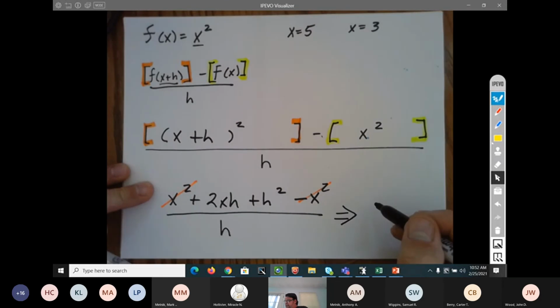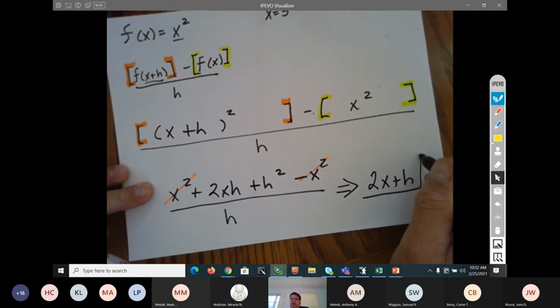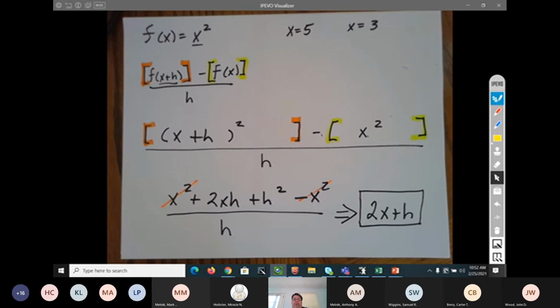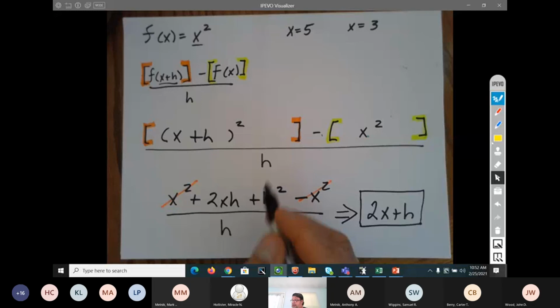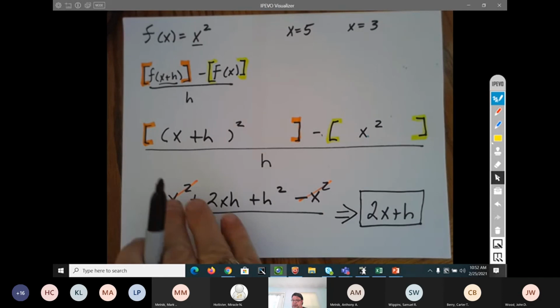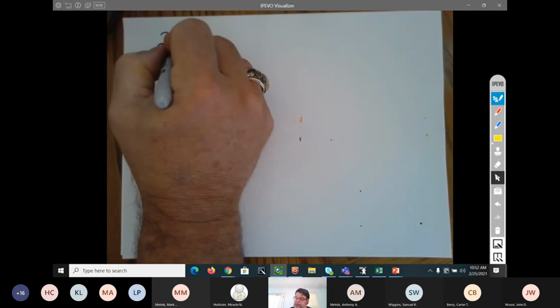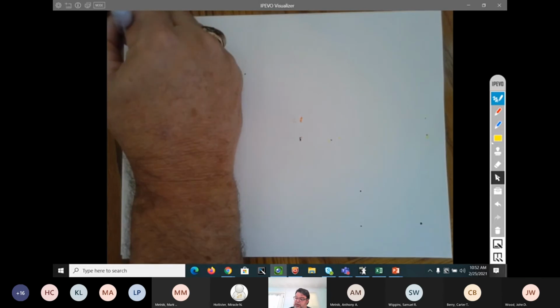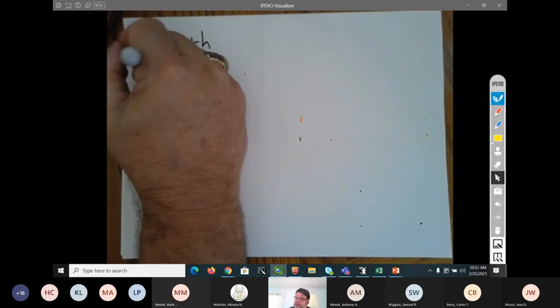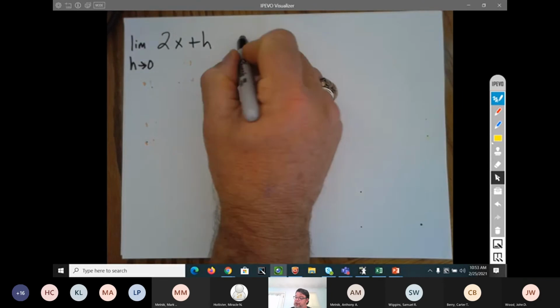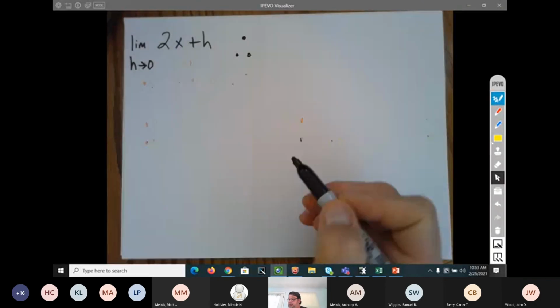Everybody with me? Now, I'm going to apply the limit theory to this because I've already showed you how to do this. I'm going to apply the limit theory to this right here as h approaches 0. So 2x plus h, limit as h approaches 0. Therefore, what do we have? 2x.